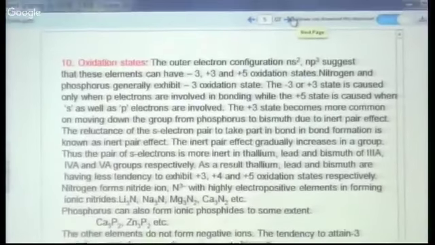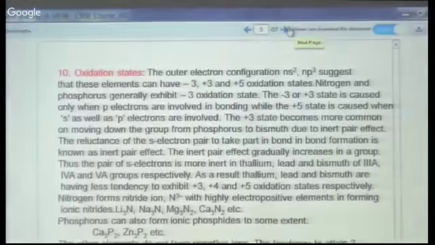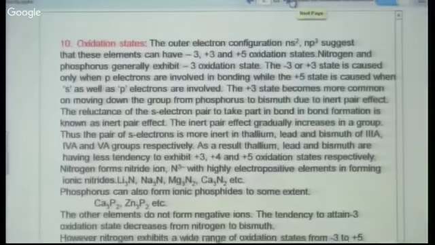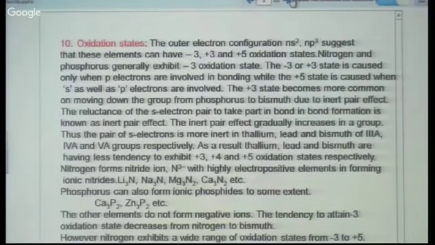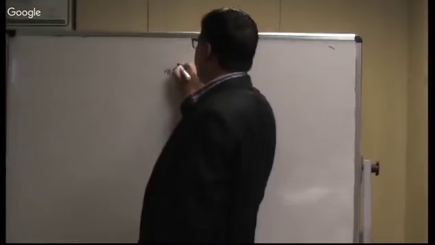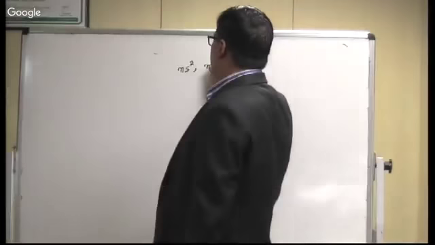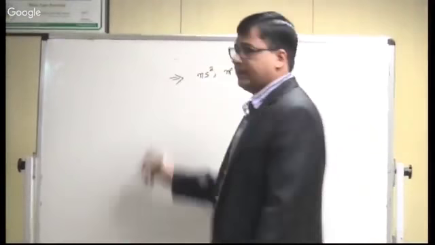So oxidation state, as we have already discussed regarding the inert pair effect. Oxidation state mainly depends upon two factors. One, see, the valence electron configuration is ns2 np3 for all elements.